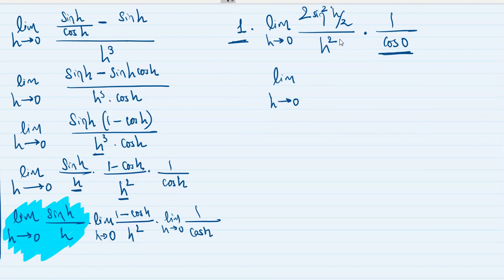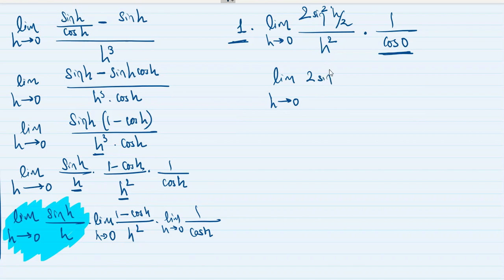Since we want sine h by 2 upon h by 2, and we have sine square h by 2 upon h square, to bring sine h by 2 upon h by 2, of course there will be a square, so we can make it whole square. What we'll do is divide the numerator and denominator by 4.